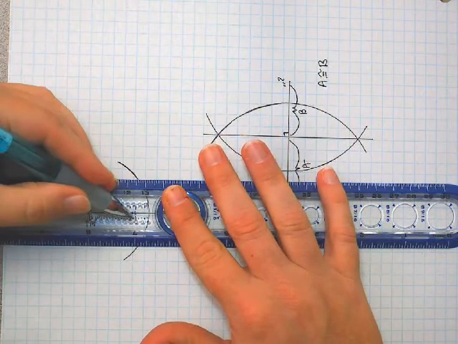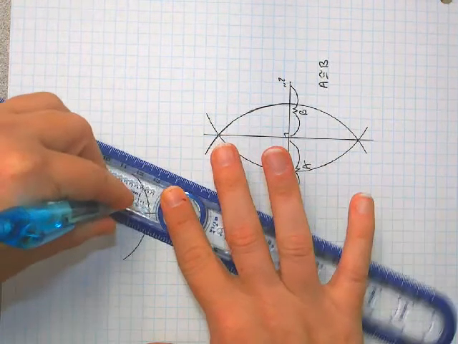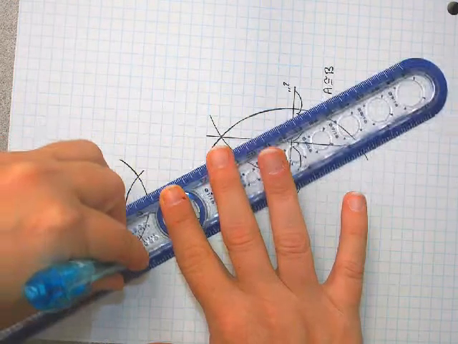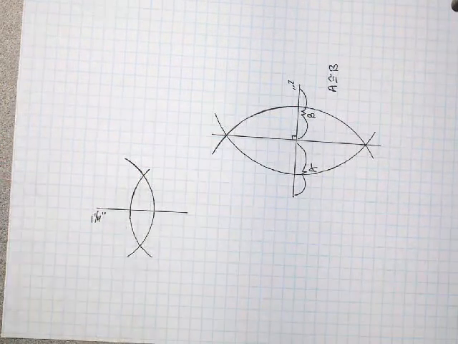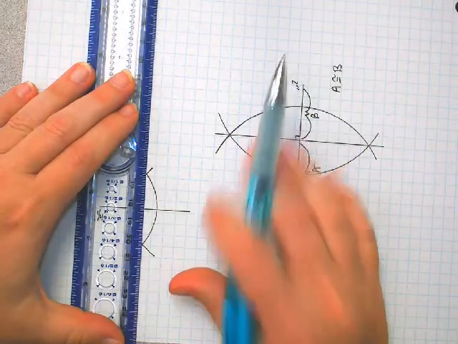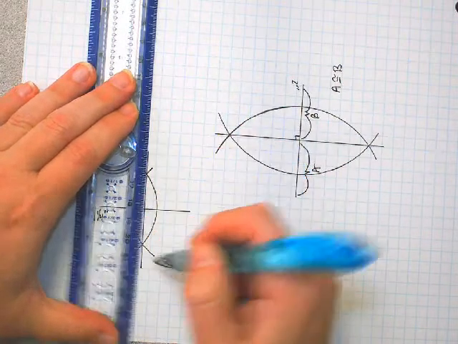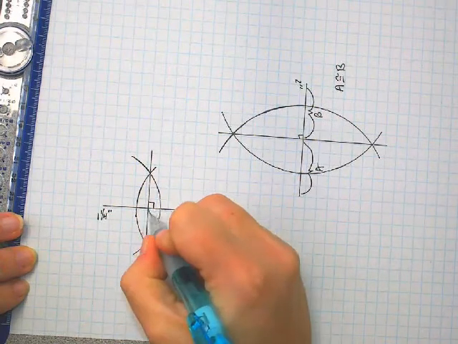I need to use the 1¼ inch. So here's 1, 2, 3, 4/16. 1¼, go up, go down. That feels really weird because I'm using my left hand. And connect your points of intersection.